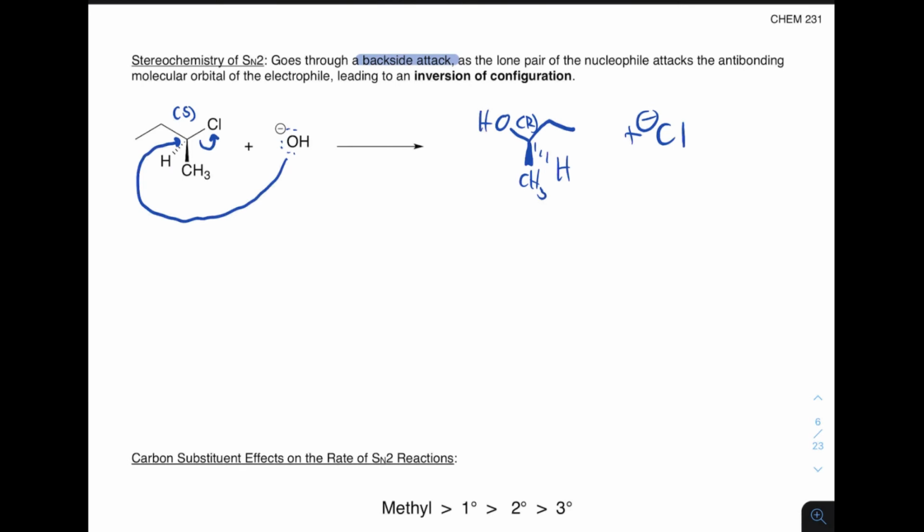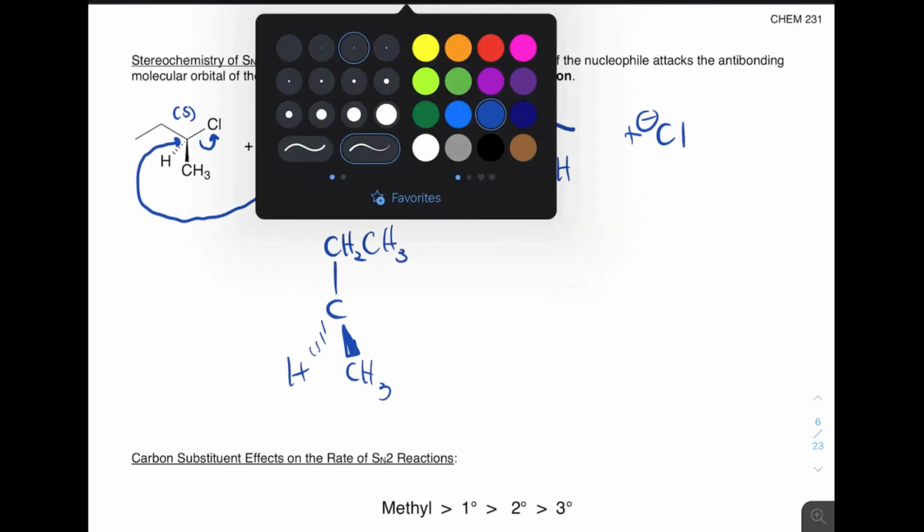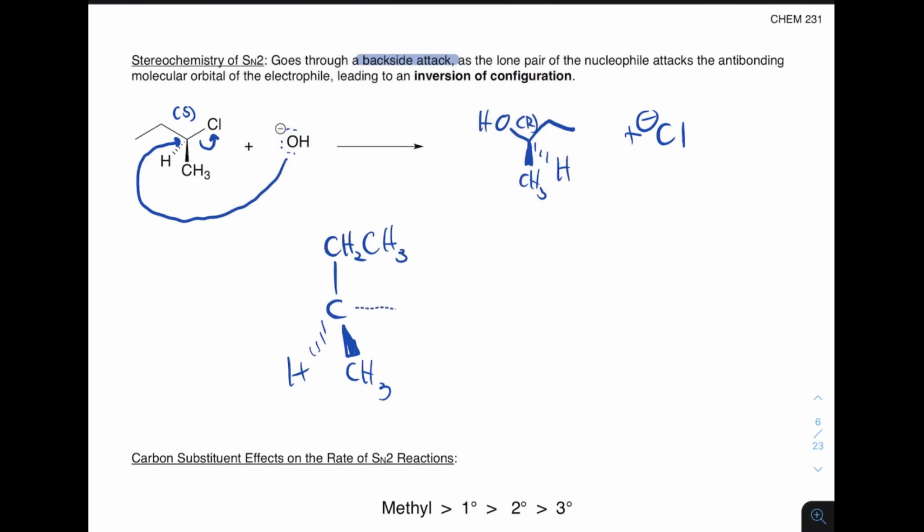And again, just to drive this home, if we were to look at the transition state for this reaction scheme, we have our ethyl group here, which I'm going to note as CH2CH3.